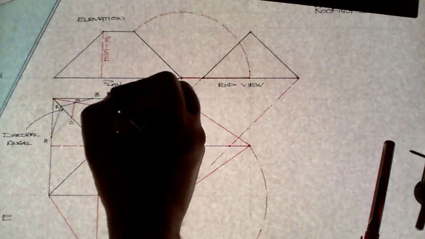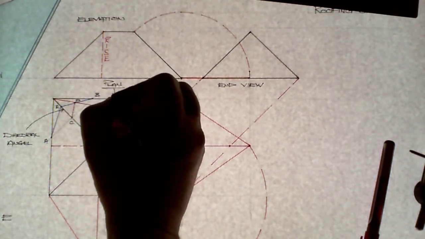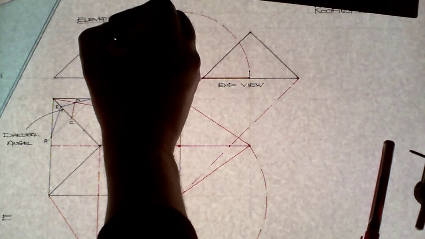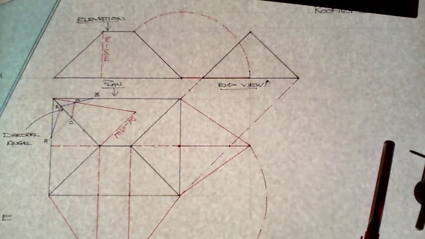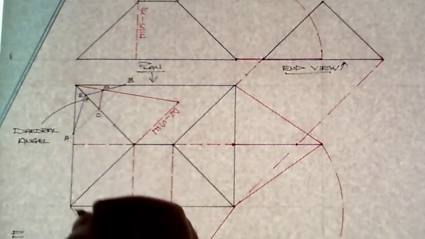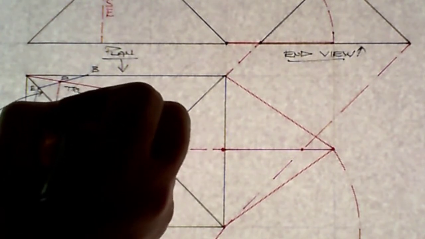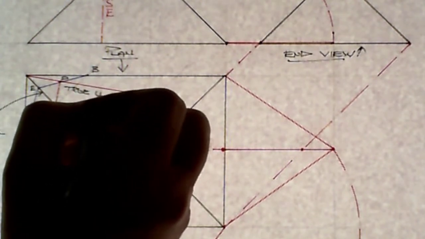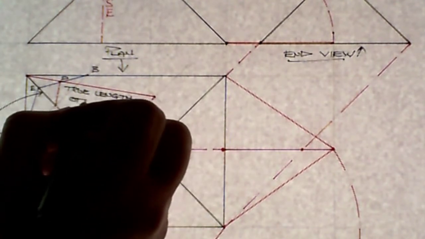This here, that's the plan. So plan, elevation, end view. Plan, elevation, end view, dihedral angle. This is the true length of hip.